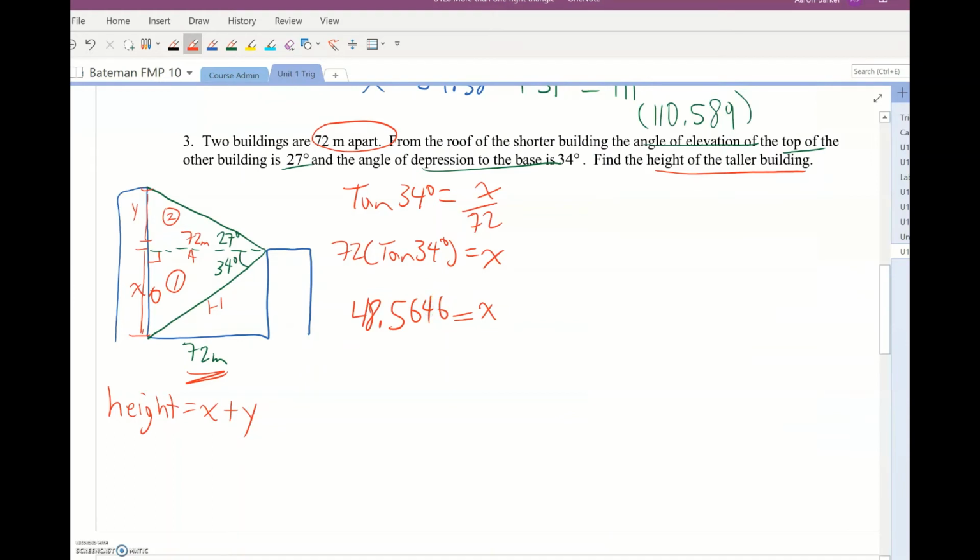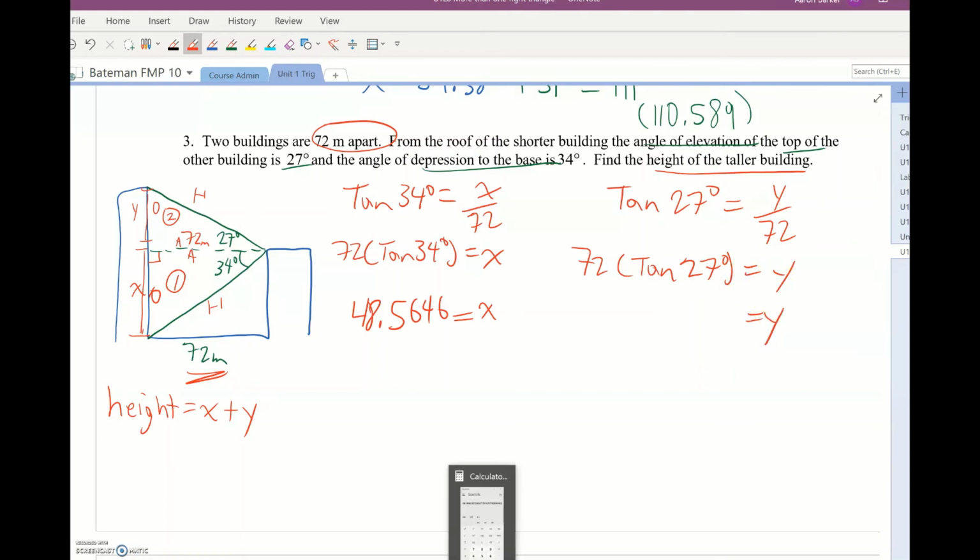Then I'm going to use the top triangle, label my HOA again. H, O, A, and I'll use tangent. Now, of course, I'm using 27 degrees. This is working on the top triangle, triangle number 2. Opposite is y over the distance apart, 72. So we get 72 times tan 27 degrees equals y.